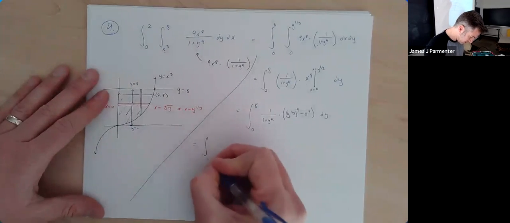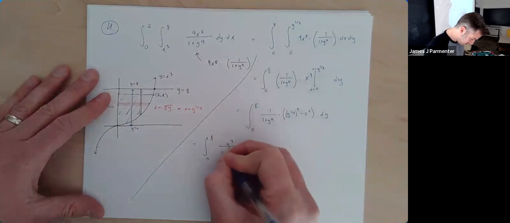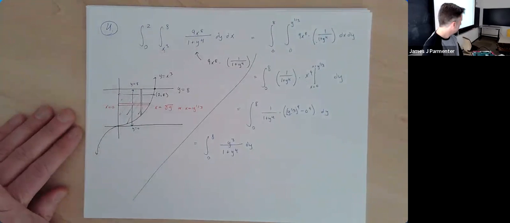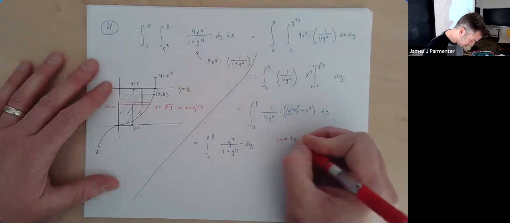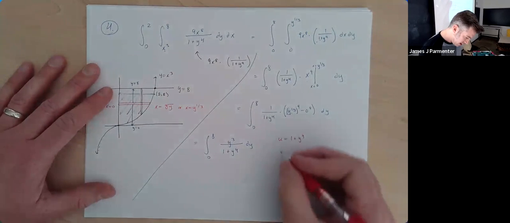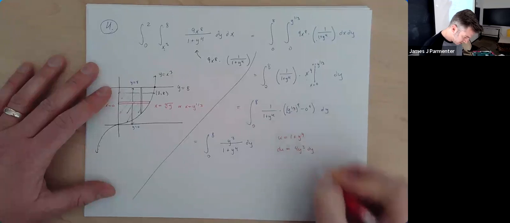So we're going to get the integral from 0 to 8 of y cubed over 1 plus y to the 4th. And then we're going to do the u sub. We're going to let u equal the denominator, 1 plus y to the 4th. My numbers are going to get big here, but that's okay. My du is going to be 4y cubed dy.